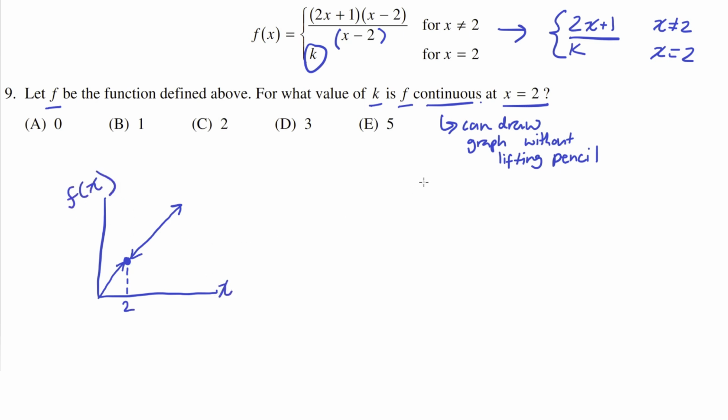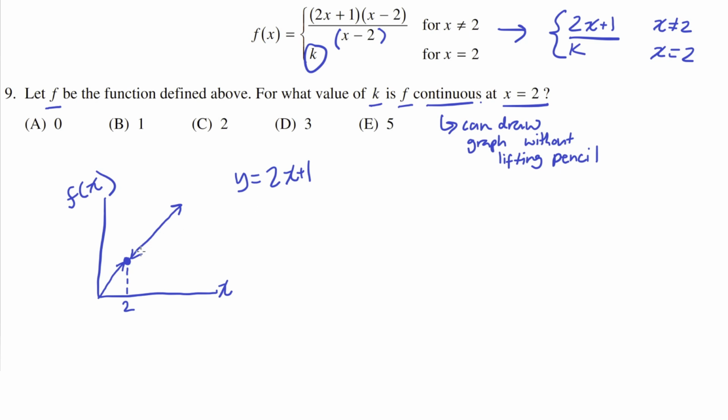So to do that, we can just plug in a value of 2 into the line. So when x is not equal to 2, the graph of this function looks like the line y equals 2x plus 1, because we just eliminated this x minus 2.